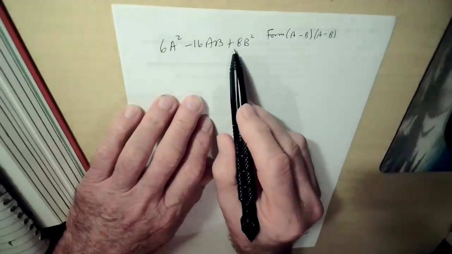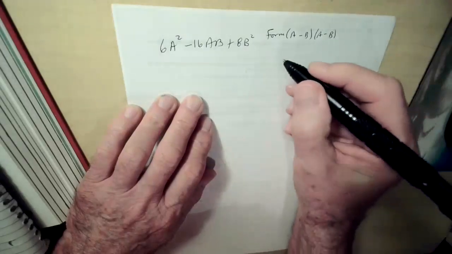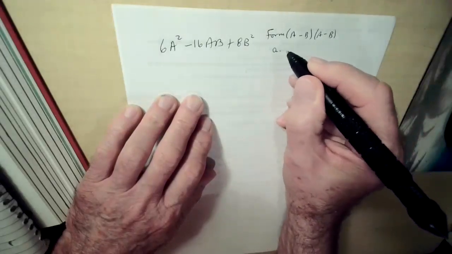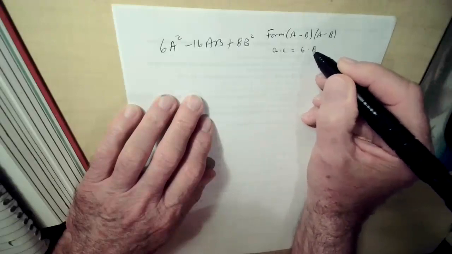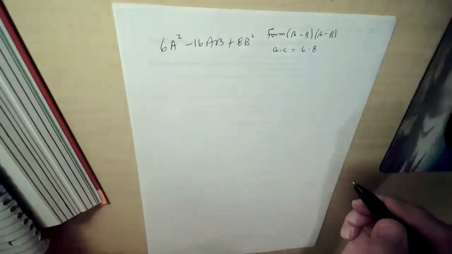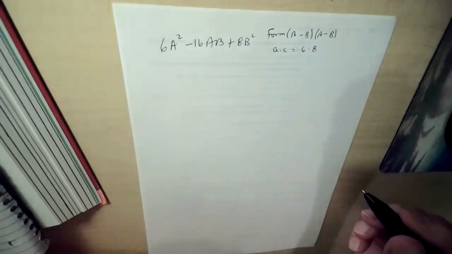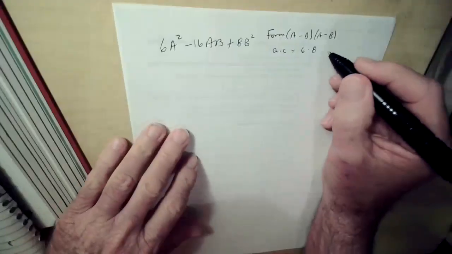Because what's the last thing we do in distributive property? This term times this term. A negative times a negative will give us a positive. The next thing we do is a times c, which is 6 times 8.